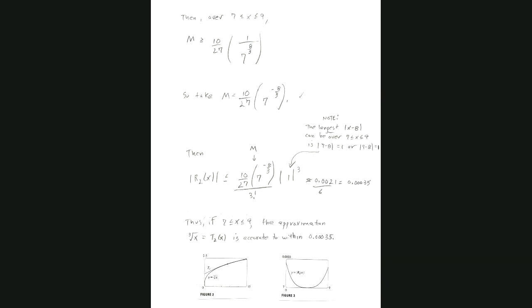So therefore, our value of m is going to be 10/27 times 1 over 7 to the 8/3 power. That's what it has to be, and that's what you pick.